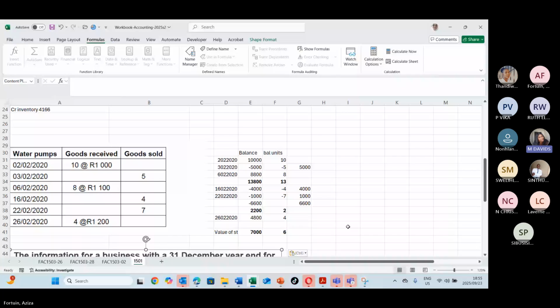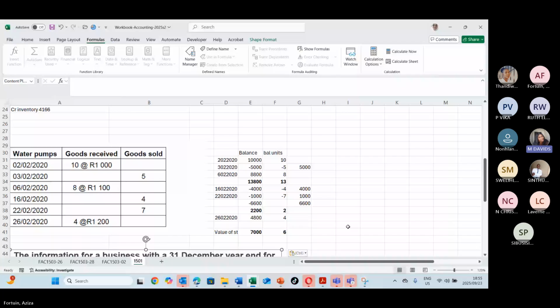So the 4 minus the 4, I got 4,000, and then I got 9,800. I times it together. Why did you times them together? Because that's what the total was. It was 4 of the inventory that was left. I think I'm confusing Aziza.